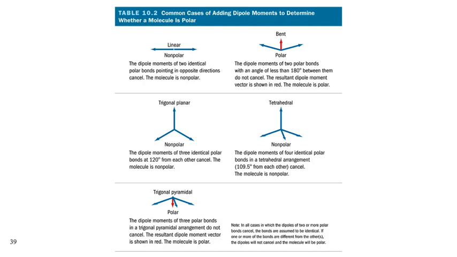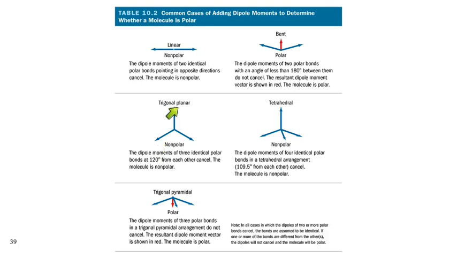This table shows us common cases of adding dipoles based on molecular geometries. If you have a linear molecule, it's generally going to be nonpolar unless the magnitudes of those dipoles are different. If you have a bent molecule with polar bonds, it's probably going to be polar.